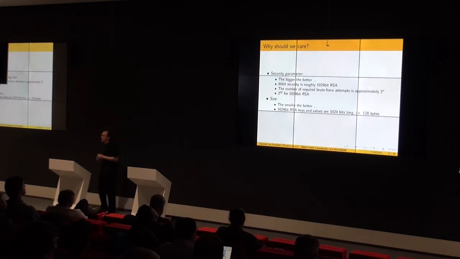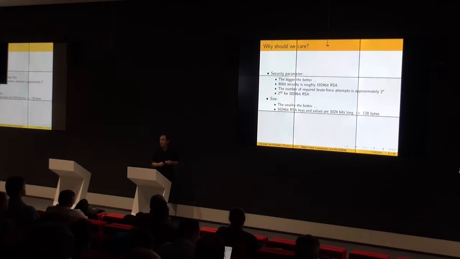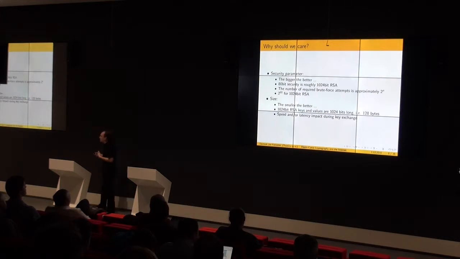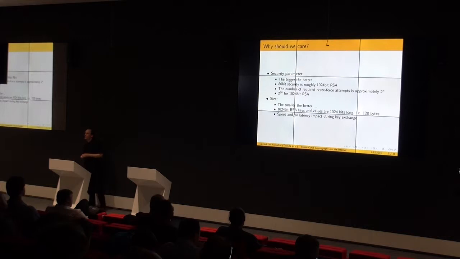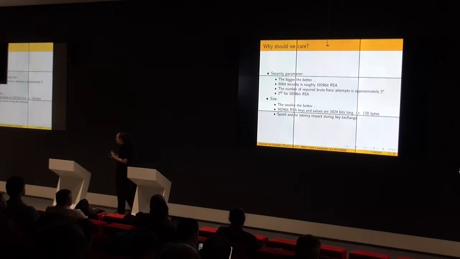I'm talking bytes here, not bits, bytes. So that's really a problem, because during the key exchange, and especially during the authentication phase, for example, if you have a long certificate chain, for every public key, every signature, you need to transfer at least 128 bytes, and I'm talking about 80-bit security, 1024-bit RSA keys here. So that's something that's nowadays, I think, substandard.